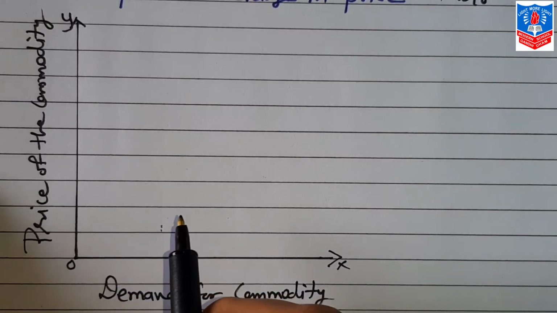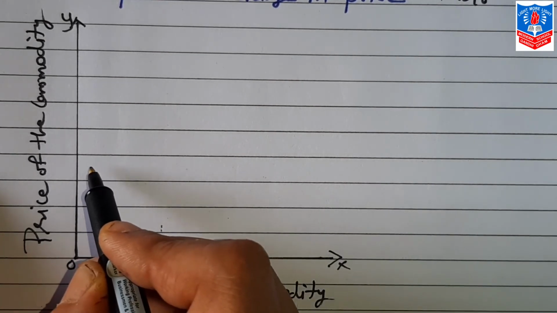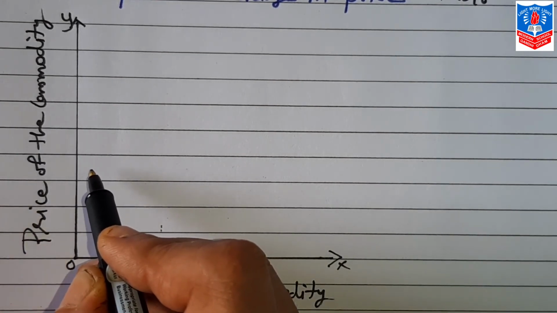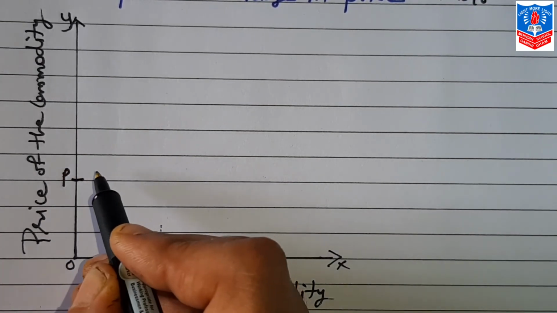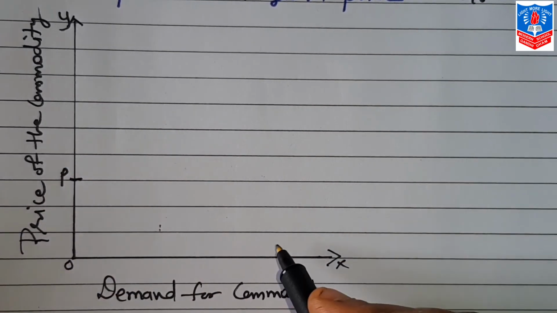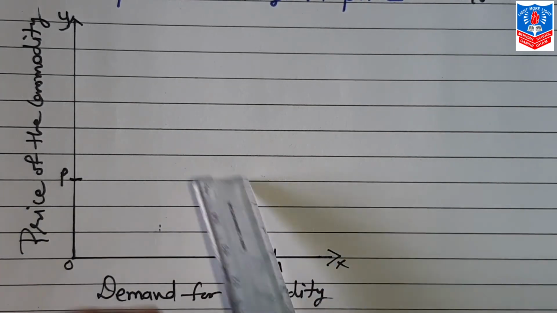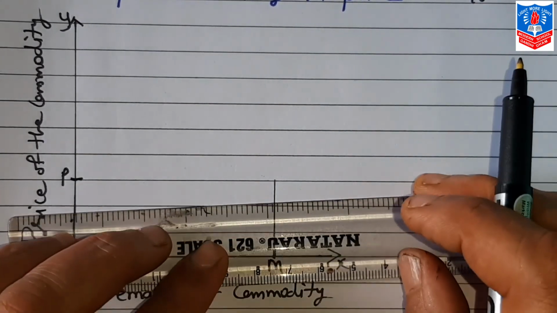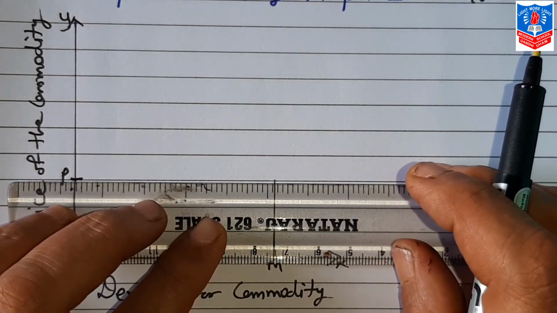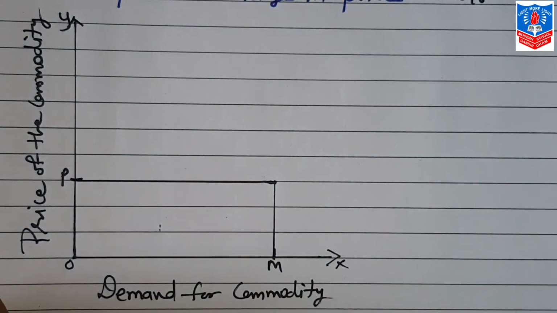Let us draw a diagram. Now see here, if I take the original price, say this is P, and at that place your demand, say here M. So when you join the line, we get it this way.